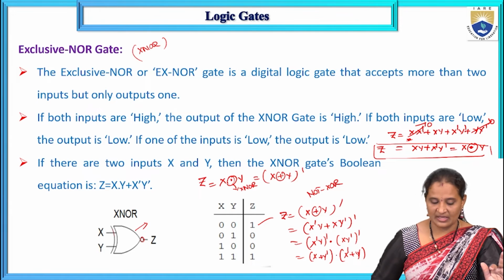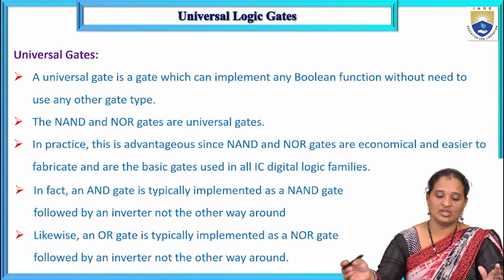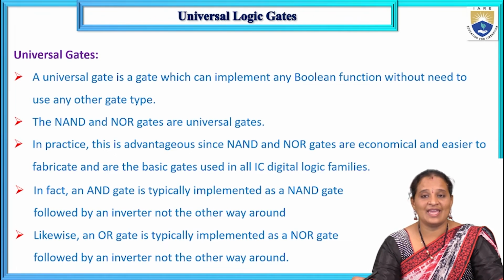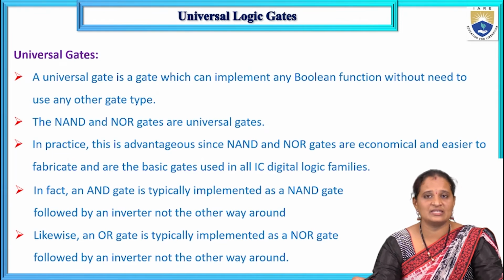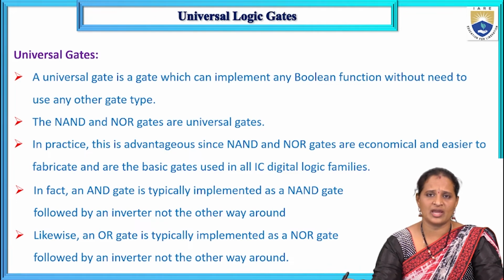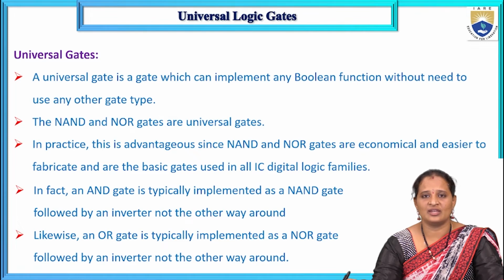So these are all the various logic gates, and now coming to the universal logic gates. A universal logic gate is a gate which can implement any Boolean function without the need to use any other type of gate.